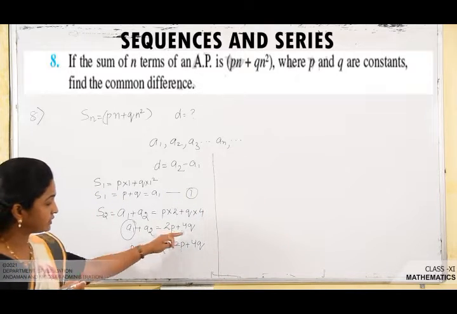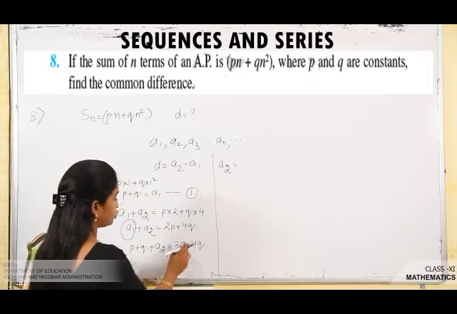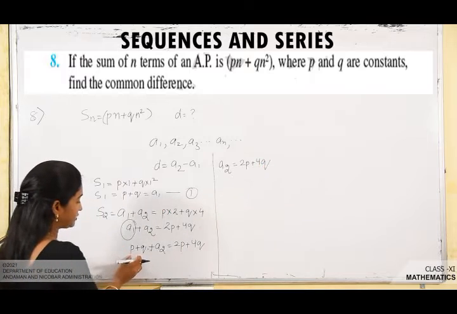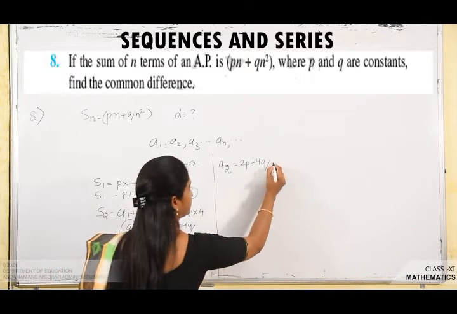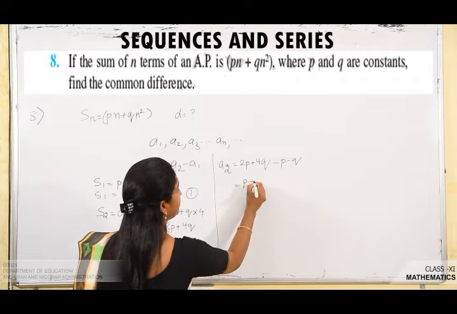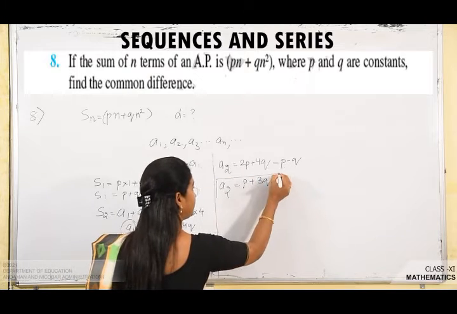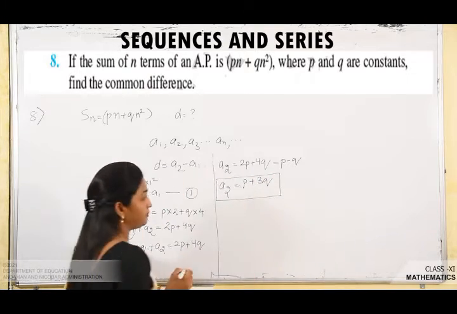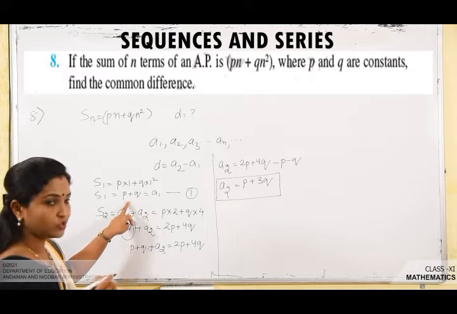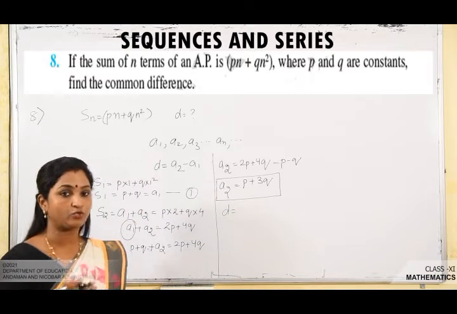Now we will simplify this and we will get the value of A2 as 2P plus 4Q. We will take this P plus Q to the other side, so it is minus P minus Q, and here you are getting P plus 3Q as A2. So you got the value of A2 as P plus 3Q and you got the value of A1 as P plus Q. Now we know common difference D is A2 minus A1.